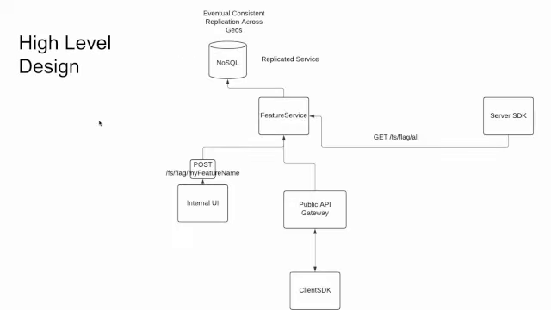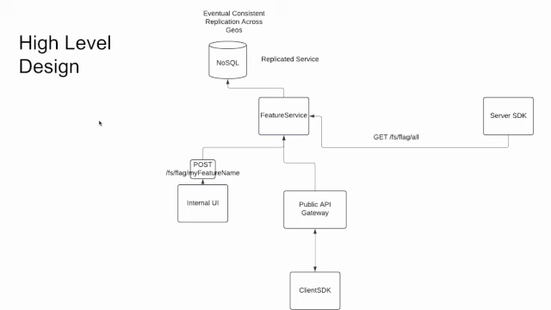And the public API gateway will serve as a gateway to our actual microservice, which we call the feature service. Later we might split this feature service into multiple services, but right now, in this high level design, we create a single component. Then there is an internal UI to create new flags and modify those flags, and there is a server side SDK, which will be used by other server side microservices.